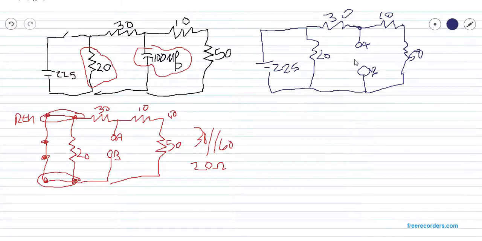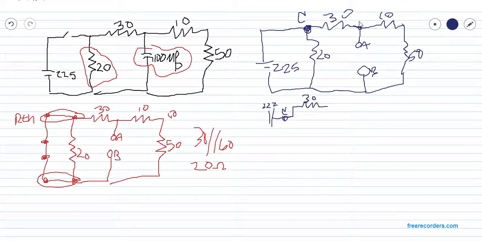Now, if this isn't really clear, one of the things I like to do is draw this in a line. So there's our voltage source at 225. It comes here. We can give that a name. I like to keep with the alphabet, so we can call that C. And it has two paths that it takes. It goes up and then through 30.